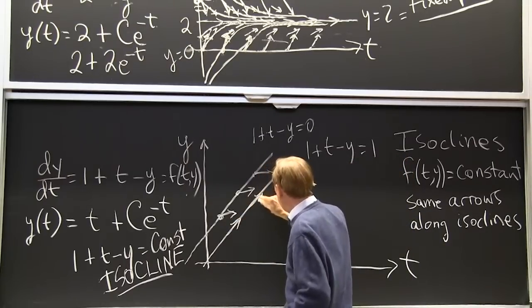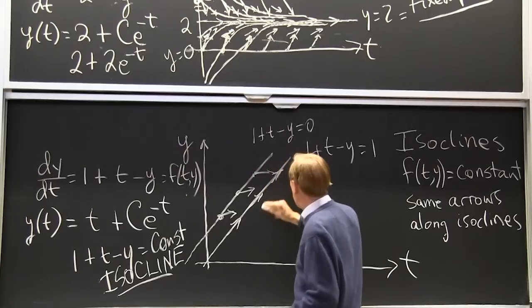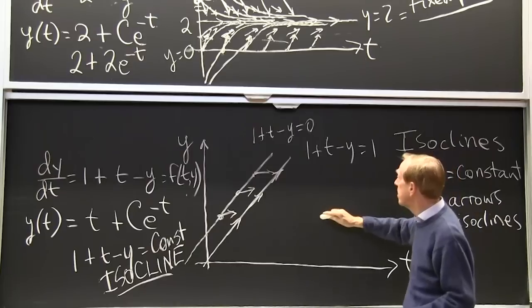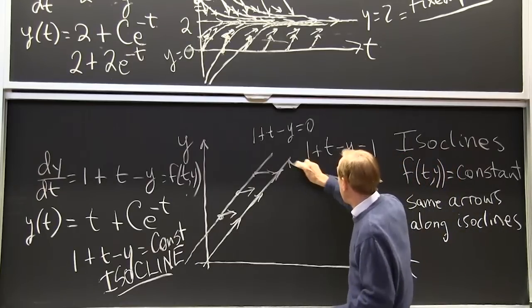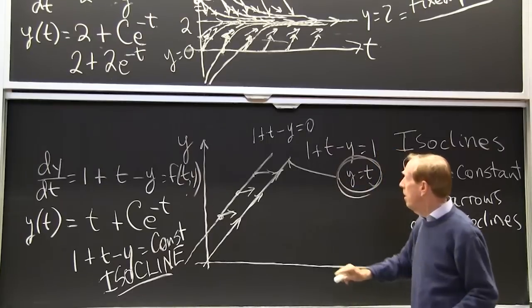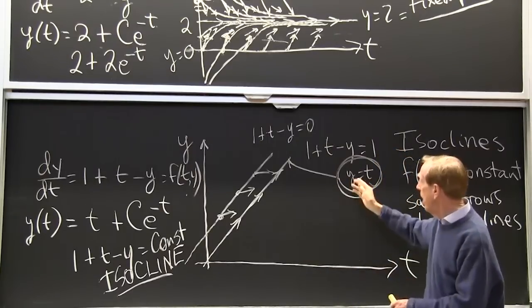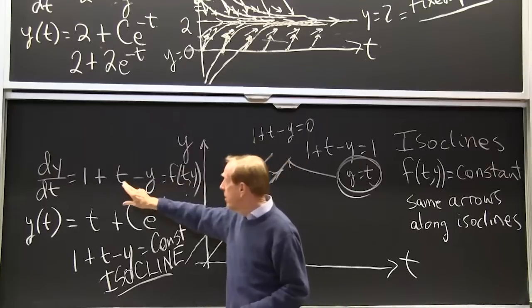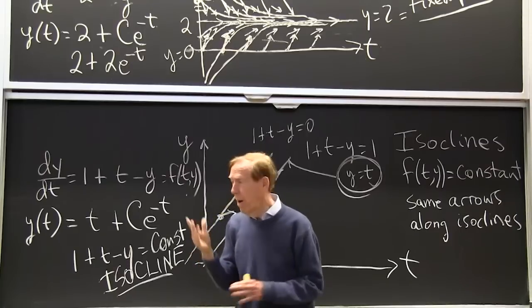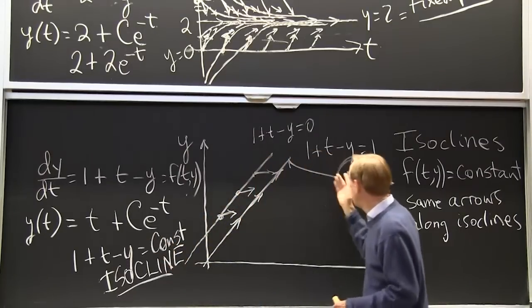So here we have a solution line. That must be a solution line. That's the line where y equals t. That's a very important 45-degree line, because if y equals t, then dy/dt should be 1, and it is 1 for y equals t. So that's a solution line.